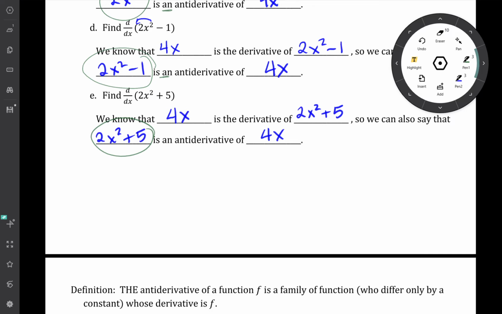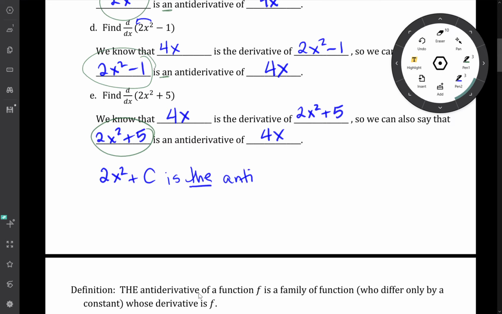So it's not a constant multiplied by our function, it's a constant added on to our function. So I would say here that my more complete answer is 2x squared plus c is the antiderivative.